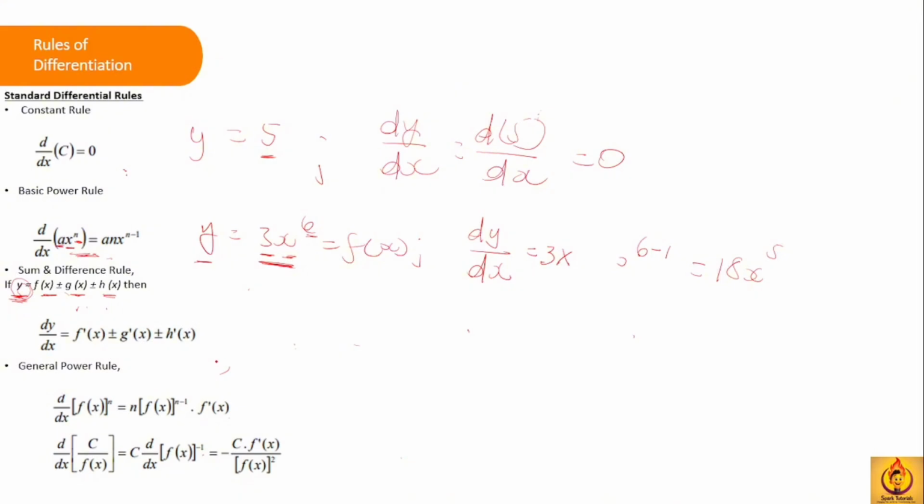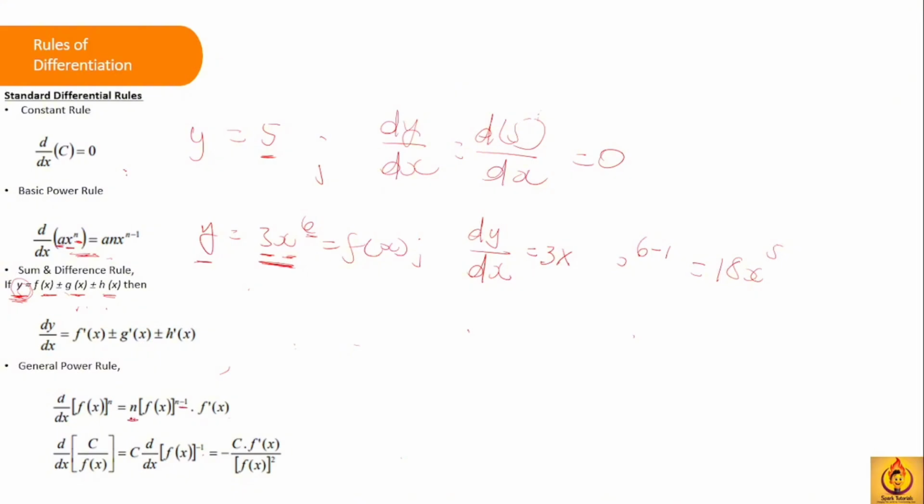For you to find the derivative of f of x to the power n, you need to first multiply that entire function with n. But then you must also do something to the n that is a power. You must minus 1. That's what it says here.